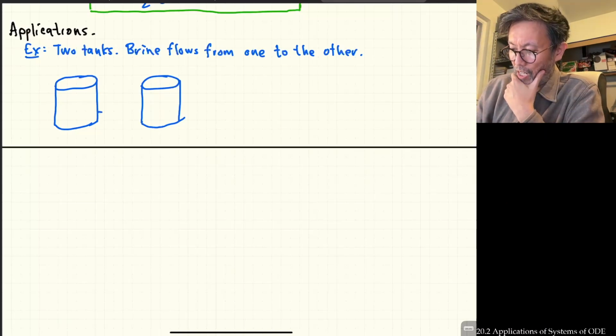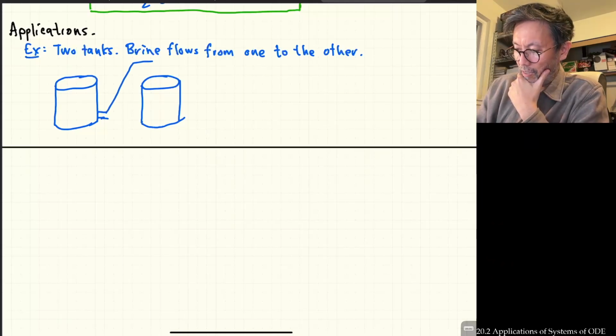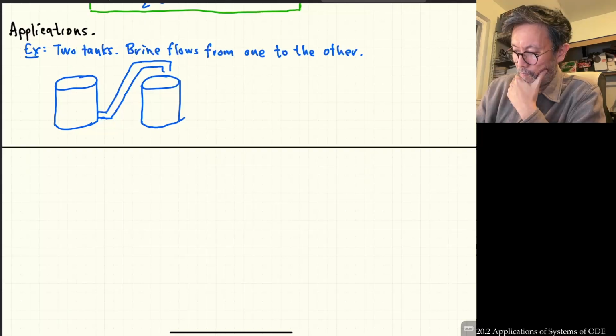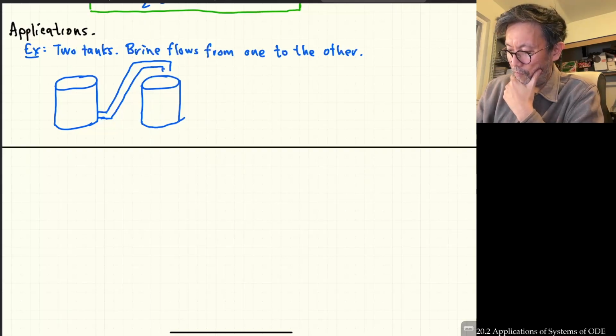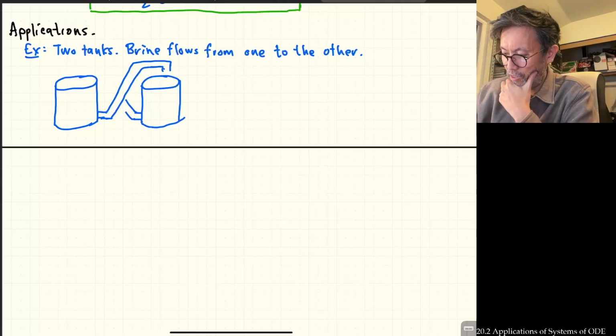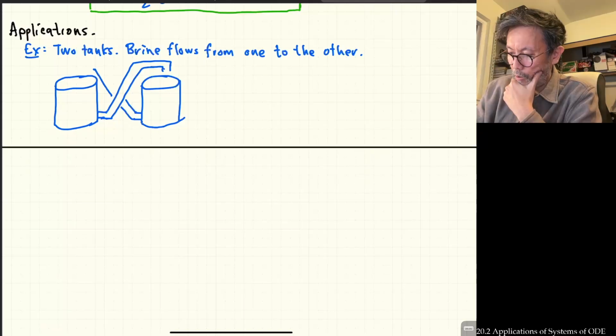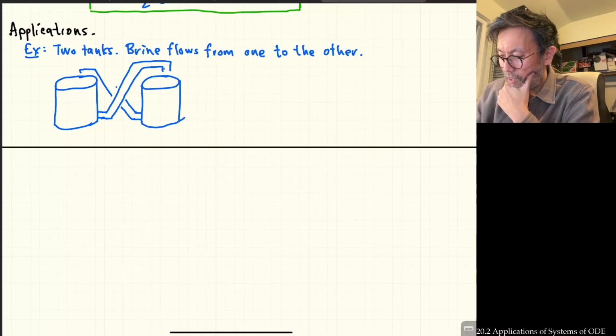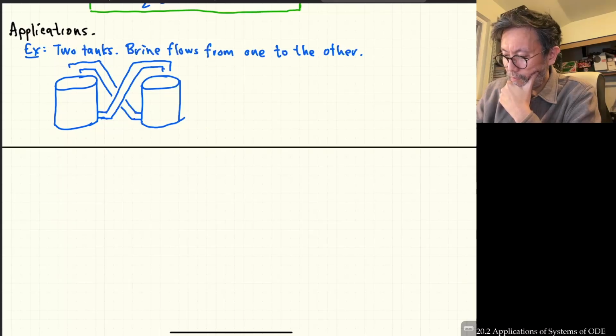So we've got outflow here, and then it's going to go up like this and flow into tank two, like this. Okay. And then we're going to have outflow from tank two, and it'll pass underneath here, so I'll indicate that in this way, and then flow into tank one. Hopefully this isn't too confusing.